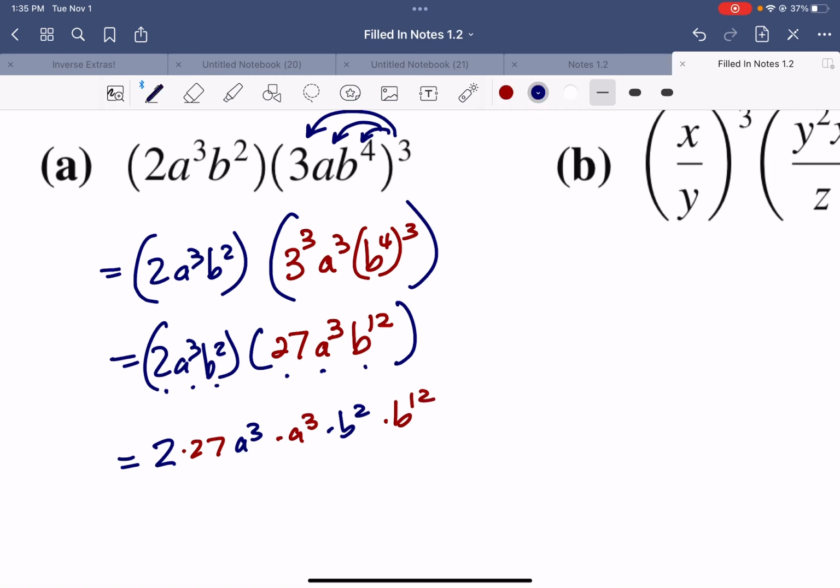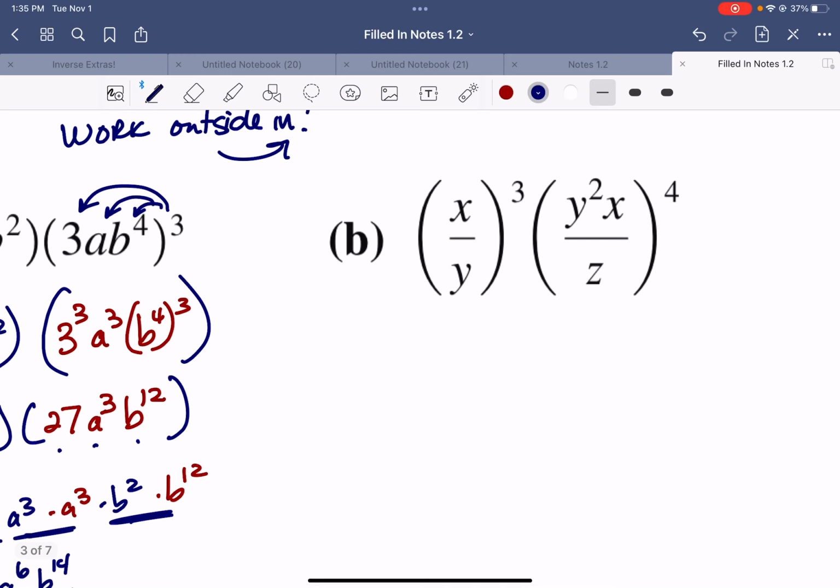So now it's really easy to see. These give you 54. These give you a to the 6th, and these give you b to the 14th, because we're multiplying with like bases. Again, notice how we worked from the outside in.